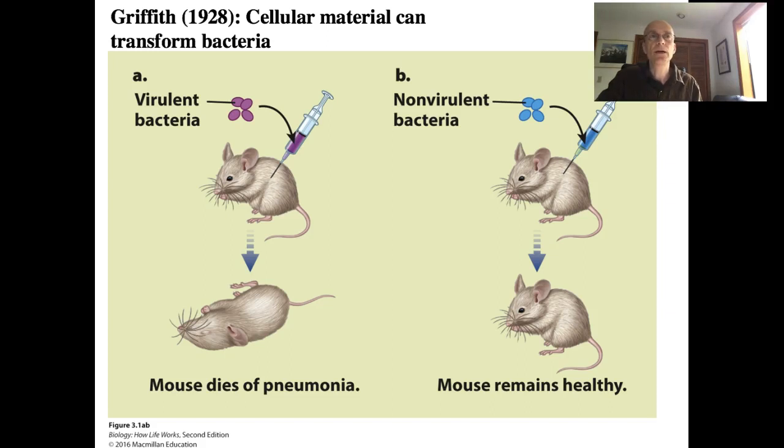And so he was working with different types of bacteria, virulent and non-virulent strains. They were sort of the same species, the same isolate, but they were different, so they were called different strains. The way that they were different from each other was that one type of bacteria was virulent, causing a pathogenic reaction, a disease, and the non-virulent bacteria didn't have any effect.